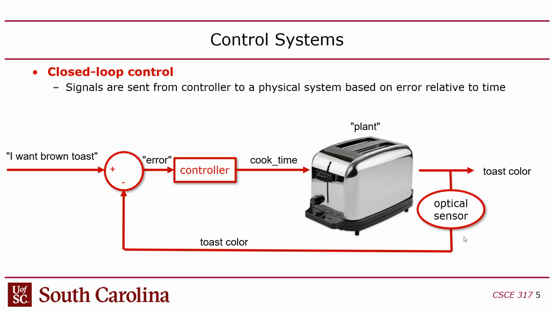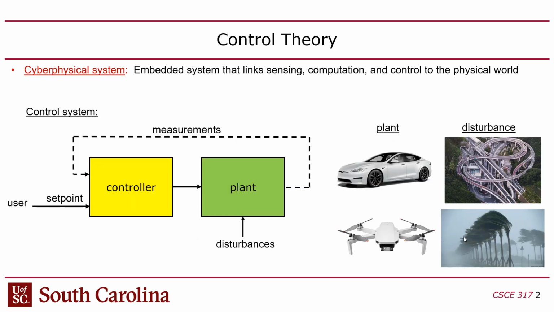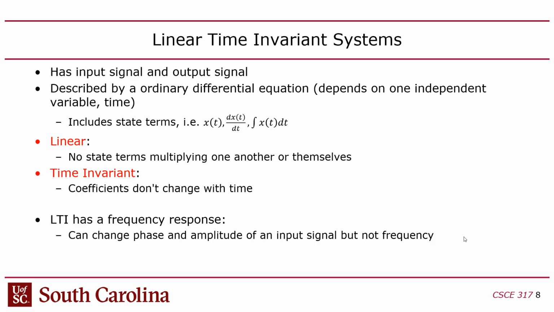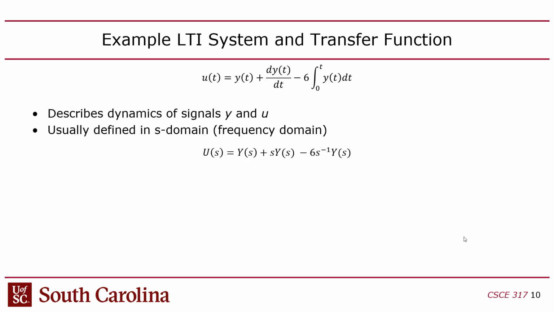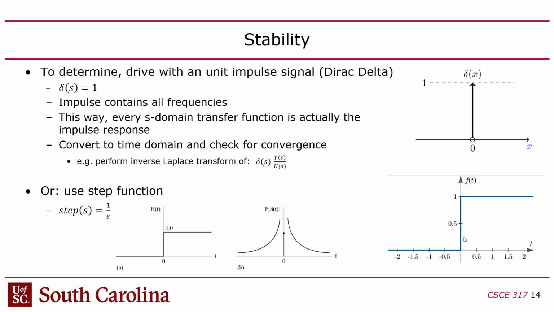But you're right, usually the controller is part of the device being controlled. That's why I say it's an embedded system. So the controller is usually embedded with the plant, but the plant is the physical system that you're controlling. Does that make sense?